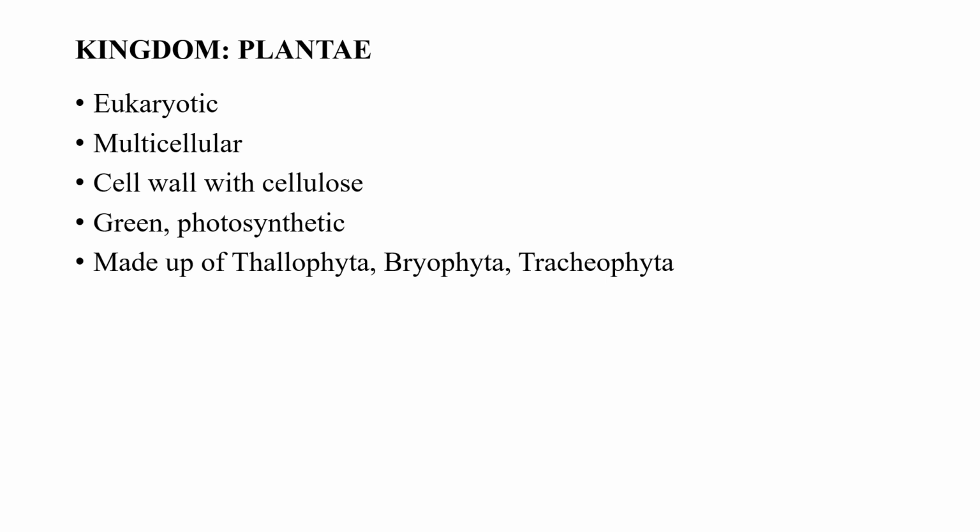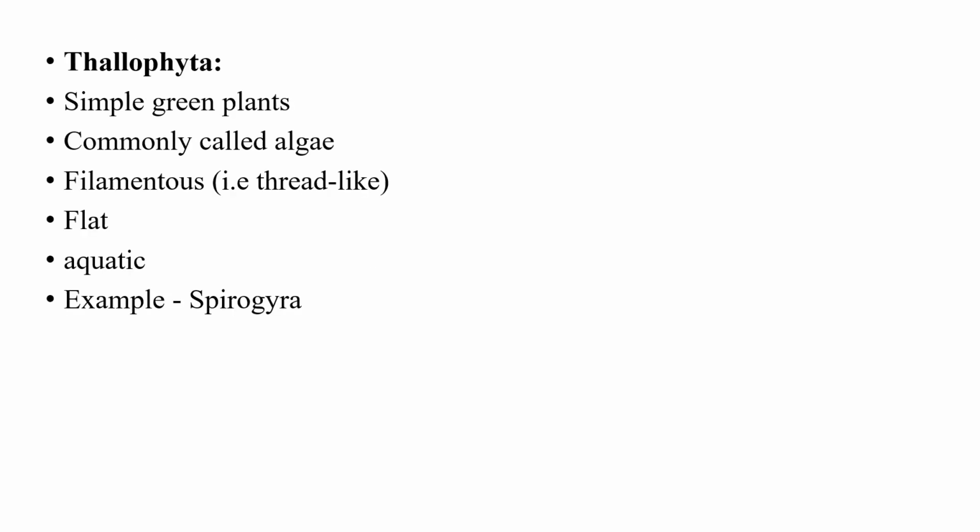More importantly, kingdom Plantae is divided into Thallophyta, Bryophyta, and Tracheophyta. Looking at each of these, we said that the Thallophyta are simple green plants, and they are commonly referred to as algae.